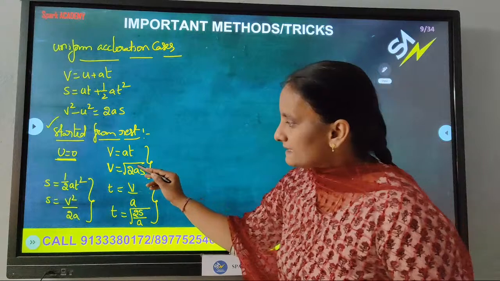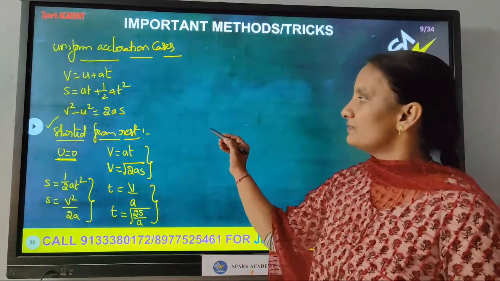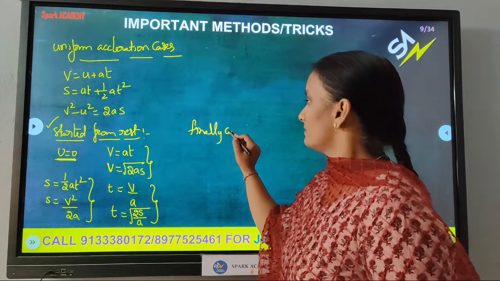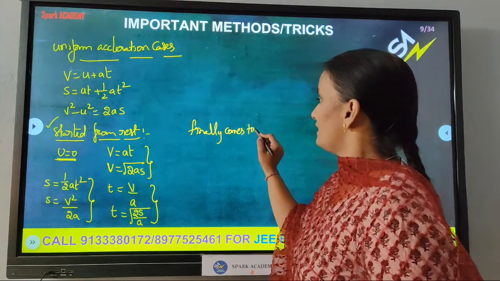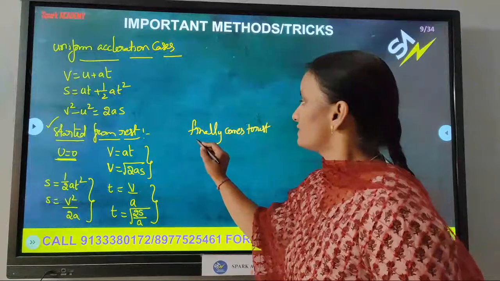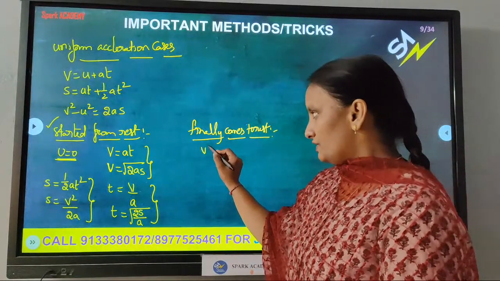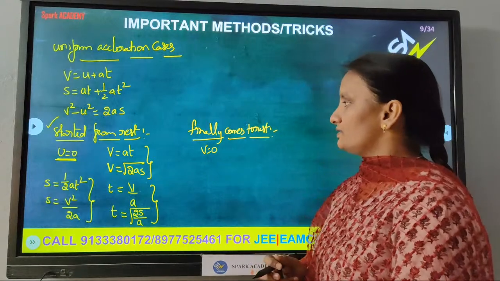See, these same equations we can write if the object finally comes to rest. Finally coming to rest means its final velocity becomes 0.